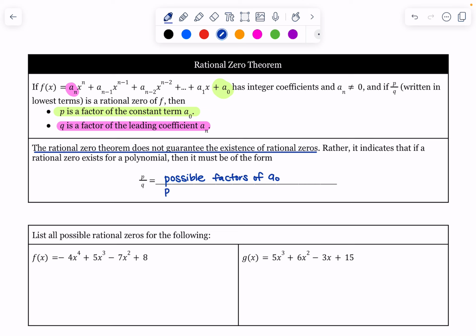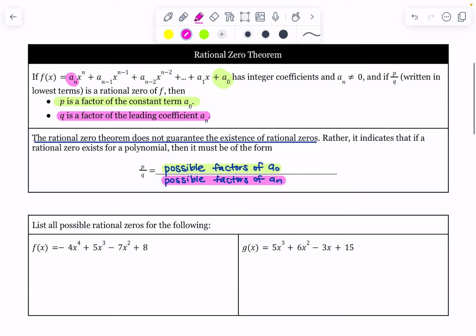And then q is all possible factors of the leading coefficient, or a sub n. I'll use my colors again just so you can see where we're getting them. So green is that last term, pink is the leading coefficient.